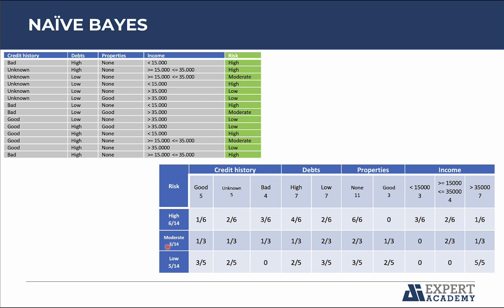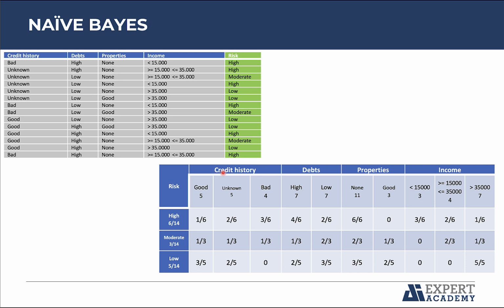Considering risk moderate, there are 3 people, 1, 2, and 3. Finally, risk low, 1, 2, 3, 4, 5. 5 divided by 14.